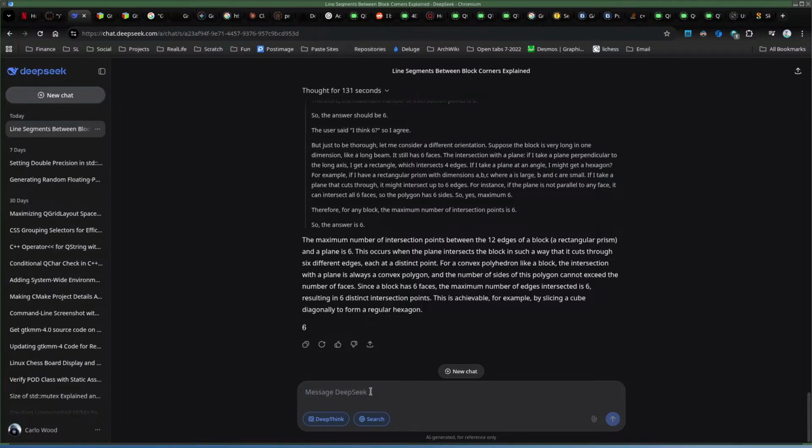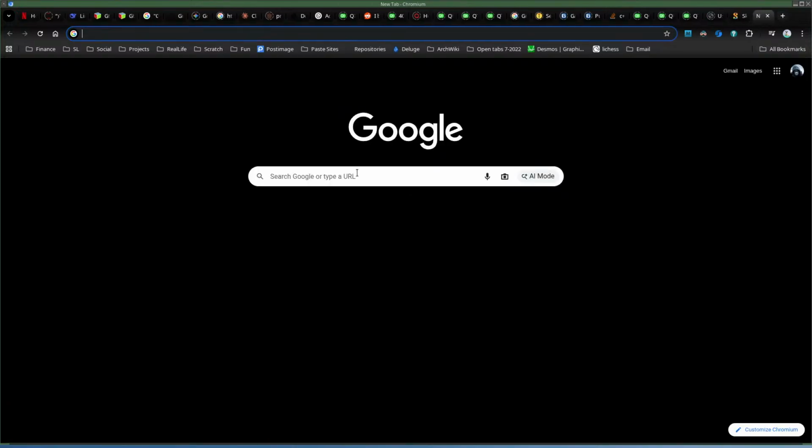Yeah, no, I have to agree with that. I think it's indeed, you can make a rectangle a hexagon. It would still be nice to visualize it, though.